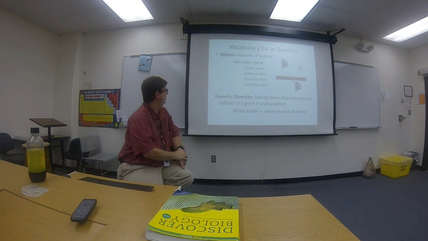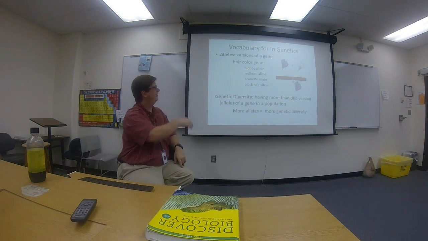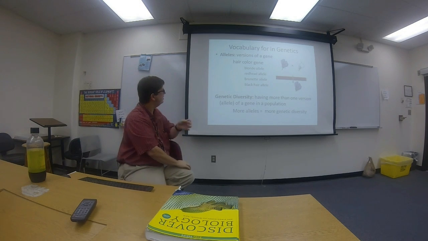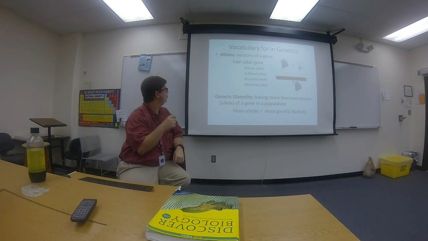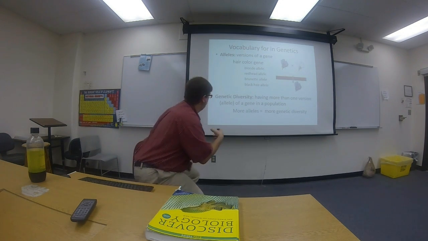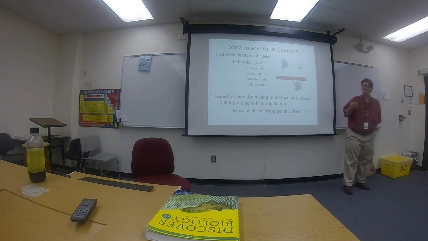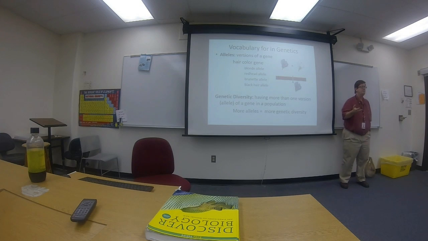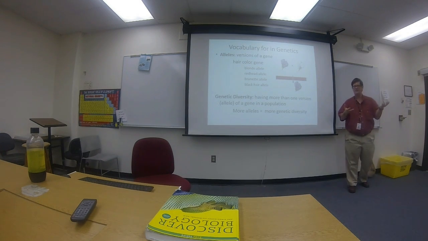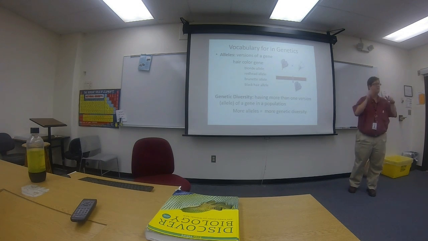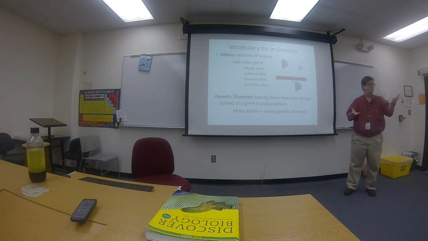Genetic diversity. It's involved. All of these, I should have put them in bold and red, but you get the point. You know these words. Genetic diversity is having more than one version of an allele in a population. We usually think that the more alleles you have, the more genetic diversity. We usually think this is a good thing, because if you're too inbred and you have all the same genes, you might end up looking funny, like British royalty with big ears and buck teeth and bleed a lot, like hemophilia.